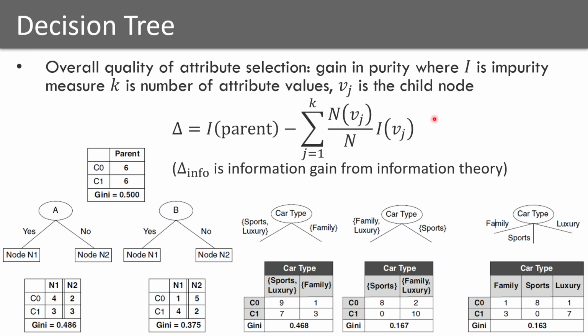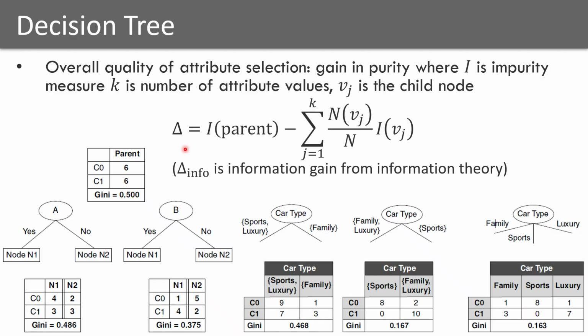So this expression is calculated here, and we can see that the purity gain is 1 minus the impurity of the parent minus the impurity of the children, weighted and summed up in this sum.